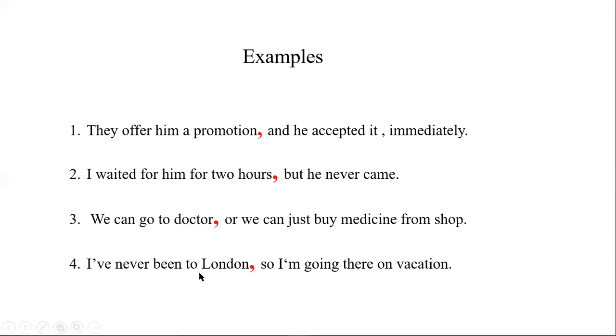I've never been to London. I put the comma again after the independent clause. So these are all the sentences. They offered him a promotion, and he accepted it immediately. I waited for him for 2 hours, but he never came. We can go to the doctor, or we can just buy the medicine from the shop. I've never been to London, so I'm going there on vacation.